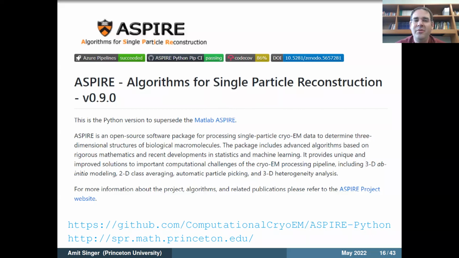And for any of you who are interested in developing algorithms or testing some mathematical ideas on cryo-EM data, I would really encourage you to use ASPIRE. This would save you a lot of time on how to deal with cryo-EM data, and basically we've implemented a lot of tools that you would find useful.